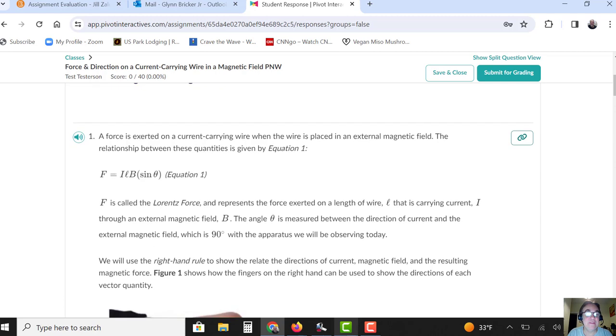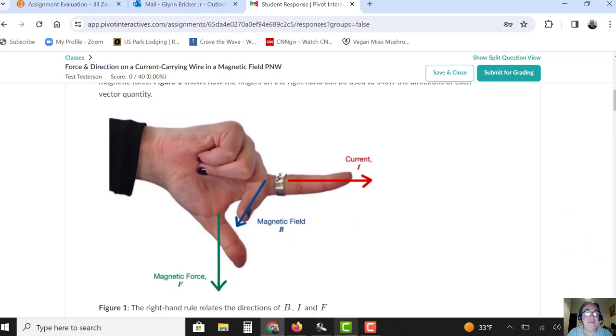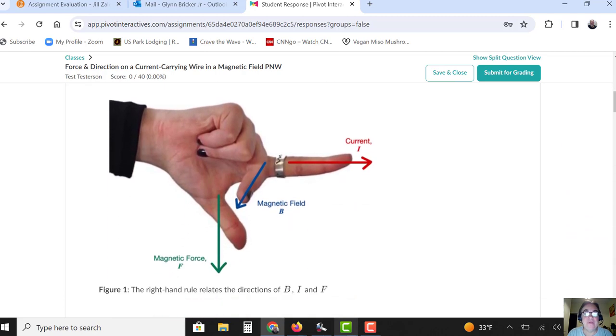Let me scroll down a little bit. So here's this right-hand rule that we have. Now this is somewhat different in the way that they're doing it here, but it's the same idea. You've got to line these things up. You put your pointer finger in the direction of the current. The finger next to it is the direction of the magnetic field, and then your thumb is the direction of the force.